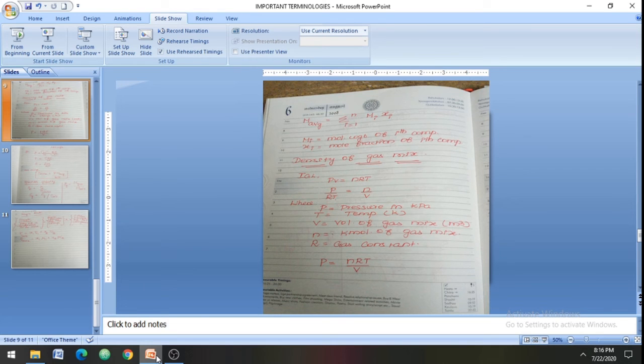First we find the mole fraction of carbon dioxide: number of moles of carbon dioxide divided by total mole, that is 80 divided by 100, equal to 0.8. Similarly, the mole fraction of hydrogen is 20 divided by 100, individual moles of hydrogen divided by total mole, that is equal to 0.2.